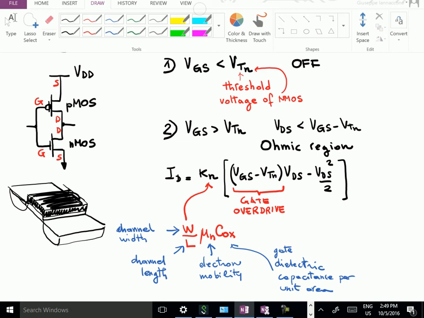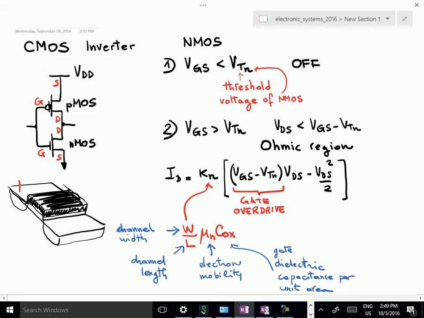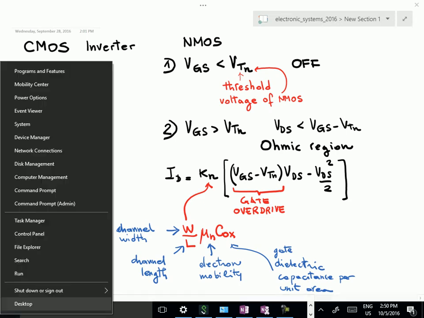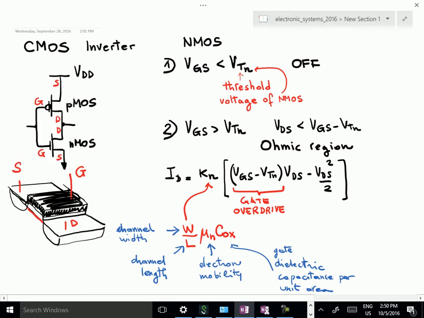For example, here we have the source contact, here we have the drain contact, and this is the gate contact. This is the channel. We have electron flow from the source to the drain in this channel below the gate. In this situation, this would be the channel length, this would be the channel width, and Cox is the capacitance per unit area of the gate dielectric.